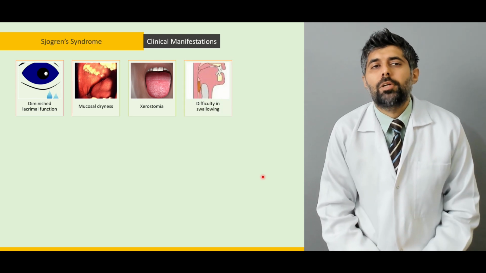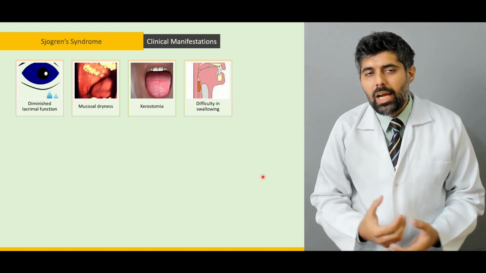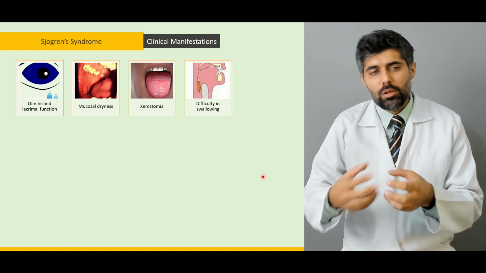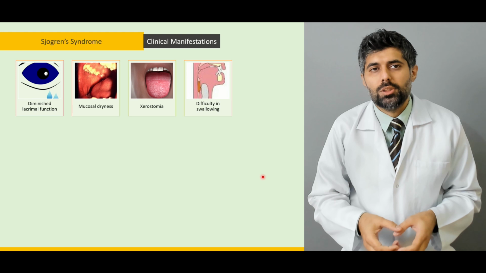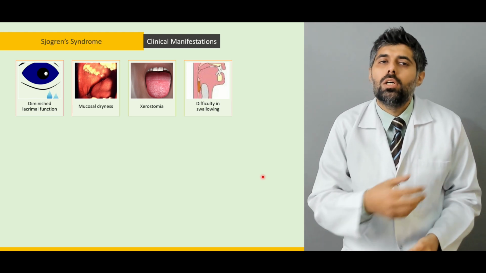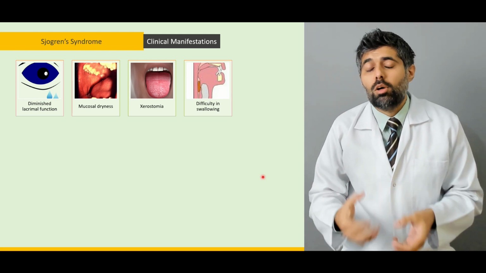Then we have difficulty in swallowing. Now, during the act of digestion, the first step is chewing, where the food is mechanically broken down into smaller portions, into a bolus, and then swallowed into the stomach. Because of the dryness, the bolus is not formed.